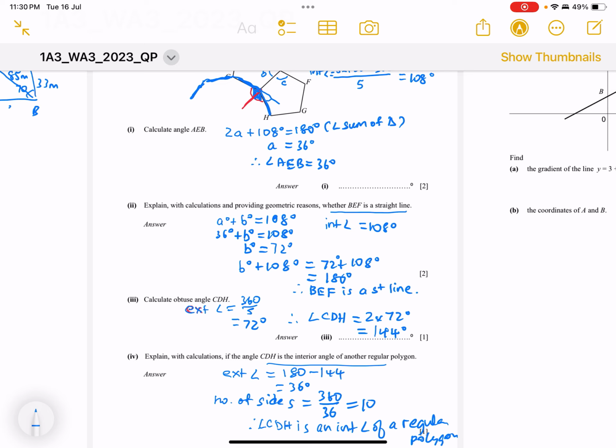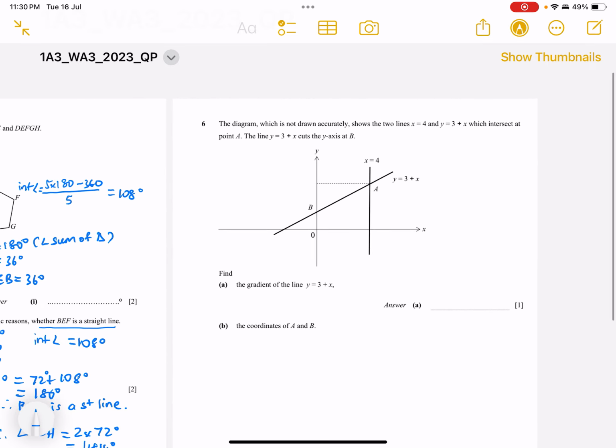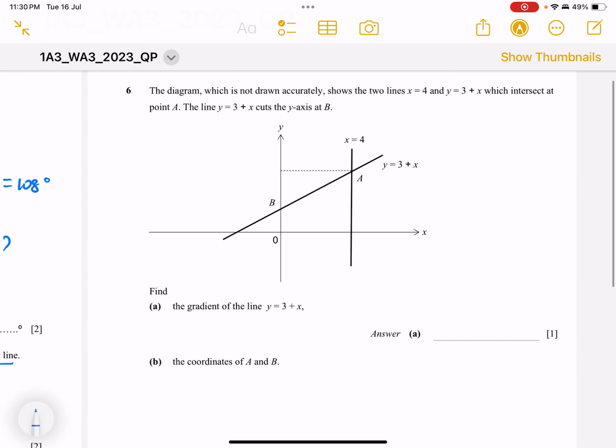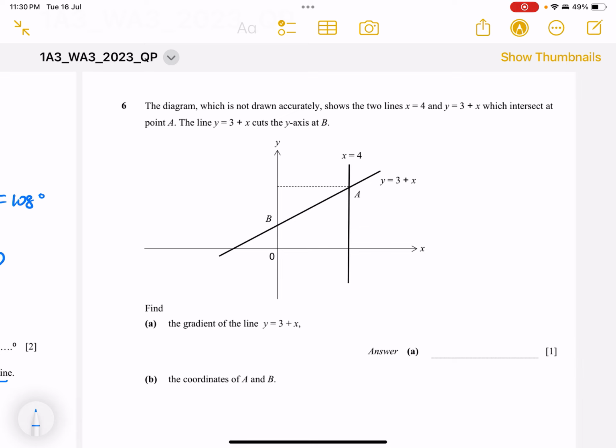Right, the last sum is on straight lines, which is not tested, but I will still give the answer. We first have to find the gradient of the line.